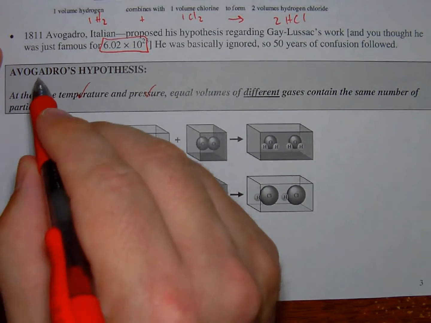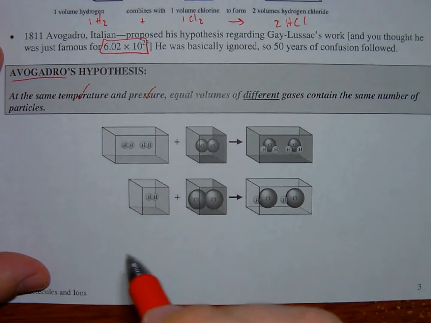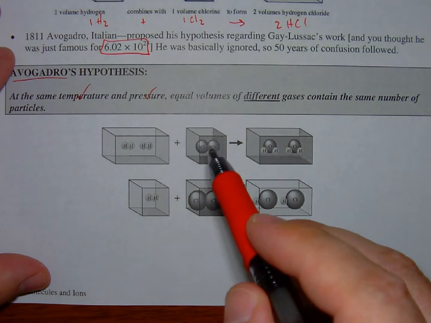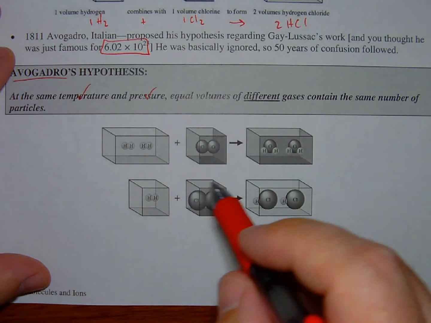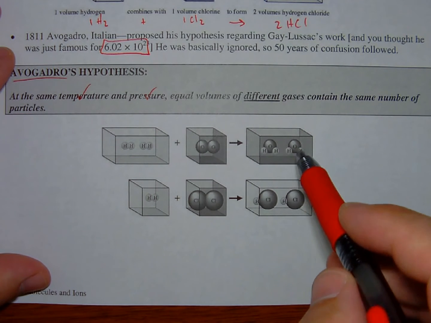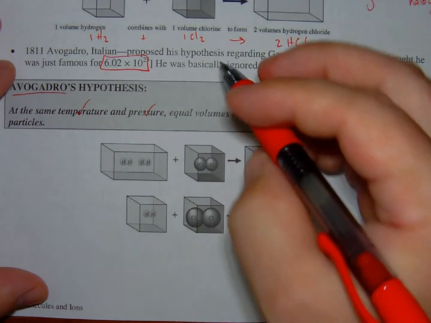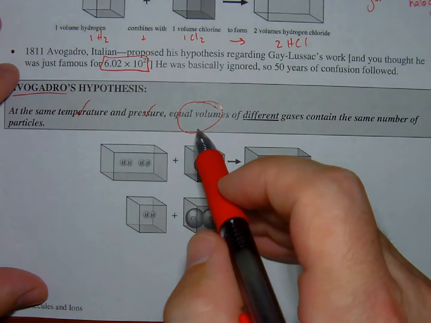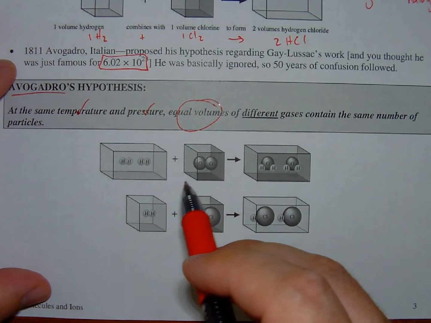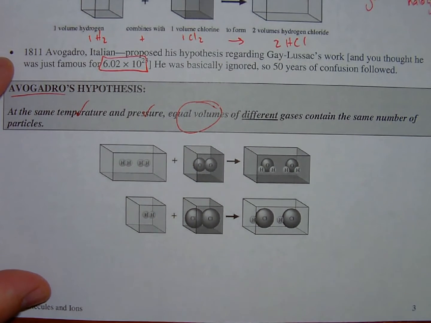But that's not what Avogadro was working with. He went the other way because he was not able to count how many molecules were in the volume. He knew what the volume was. And from knowing that there was the same volume, that's why we have here equal volumes. He started with equal volumes, and then he concluded that they had the same number of particles.